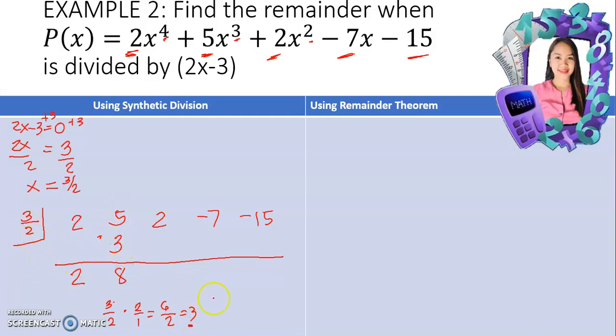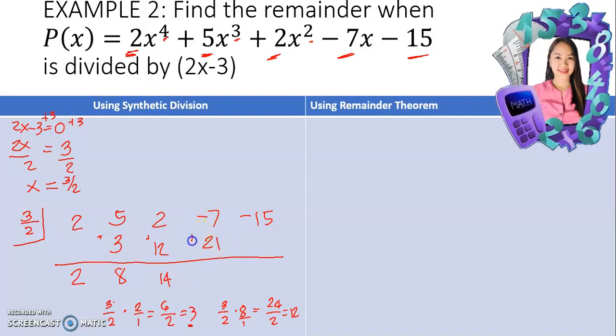Multiply ulit. So that is 3 halves times 8. Okay, imaginary 1 dito. 3 times 8, that is 24. Over 2, that is 12. Add ulit, 14. 3 halves times 14, that is equal to 21.